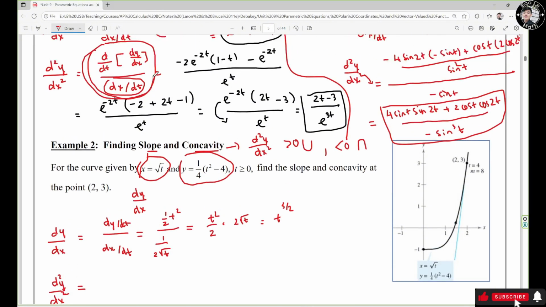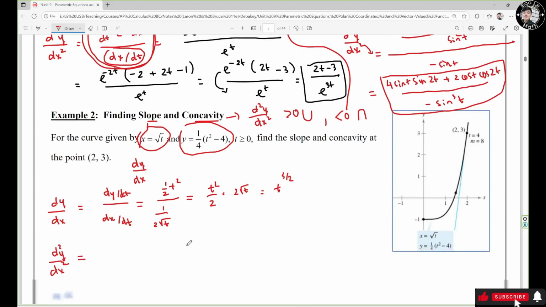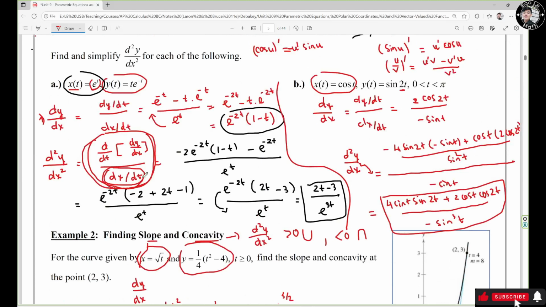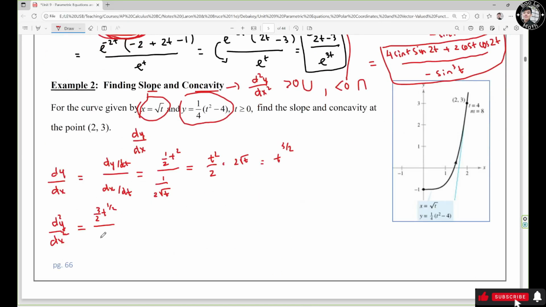So we take the first derivative of this one right here, which turns out to be 3/2 t raised to the 1/2, over ds/dt, which means 1 over 2 root t. So this turns out to be 3/2 square root of t times 2 square root of t. So the 2 and 2 cancel out, and it's going to be 3t.